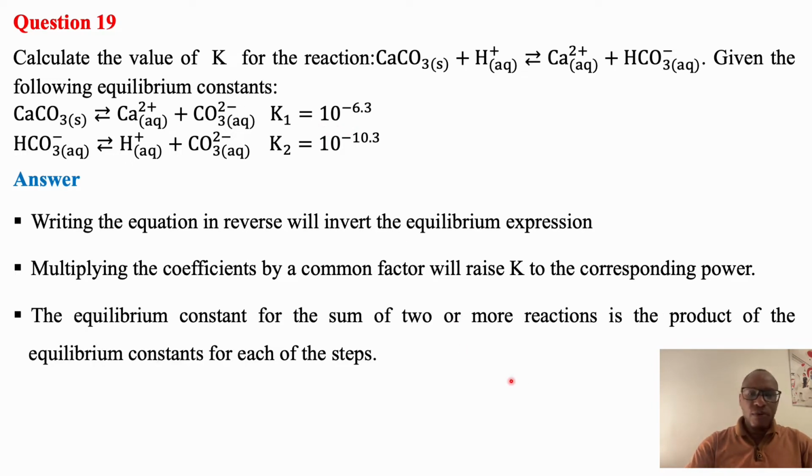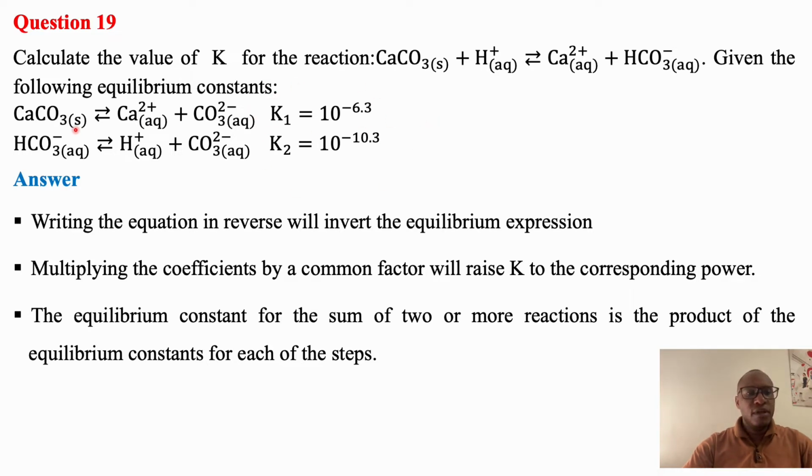Another rule that we follow with this type of exercise is that the equilibrium constant for the sum of two or more reactions, when you are summing the reactions, for example, if you get the third reaction, which is the sum of this one and this one, in this case, the reaction that you get after summing the two equations, its equilibrium constant will be equal to the multiplication of the different equilibrium constants.